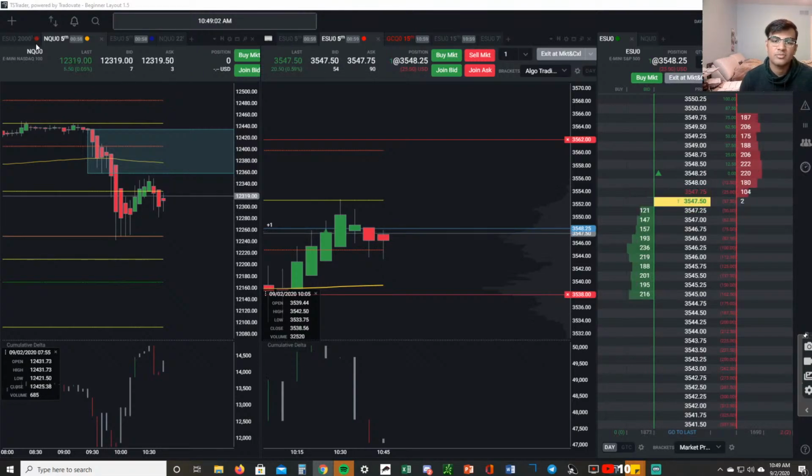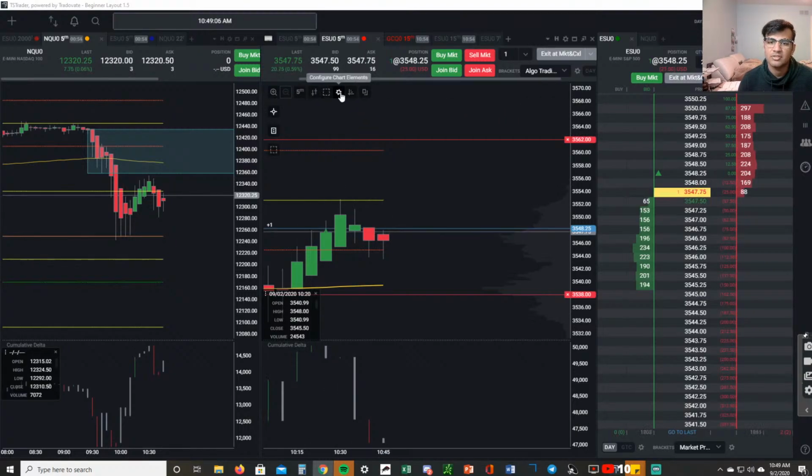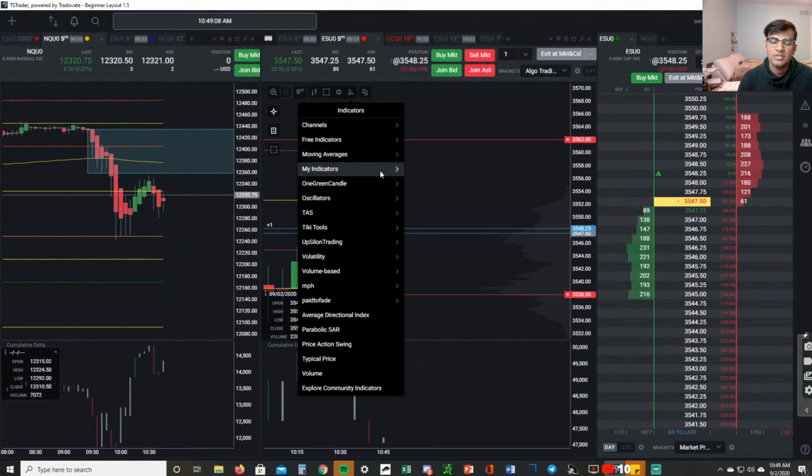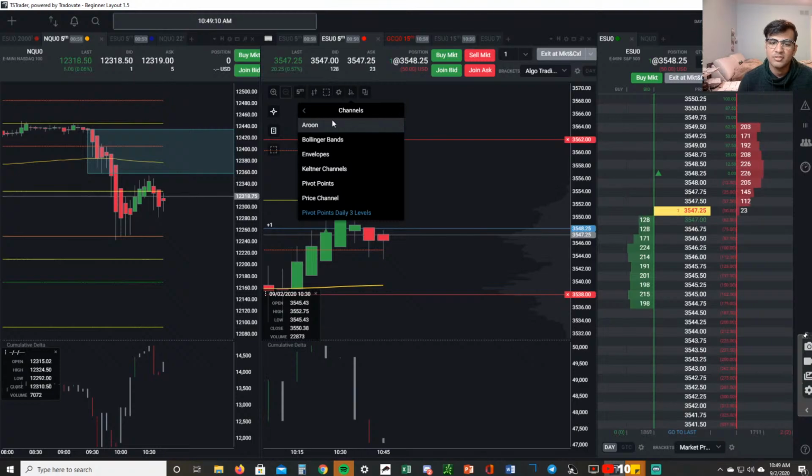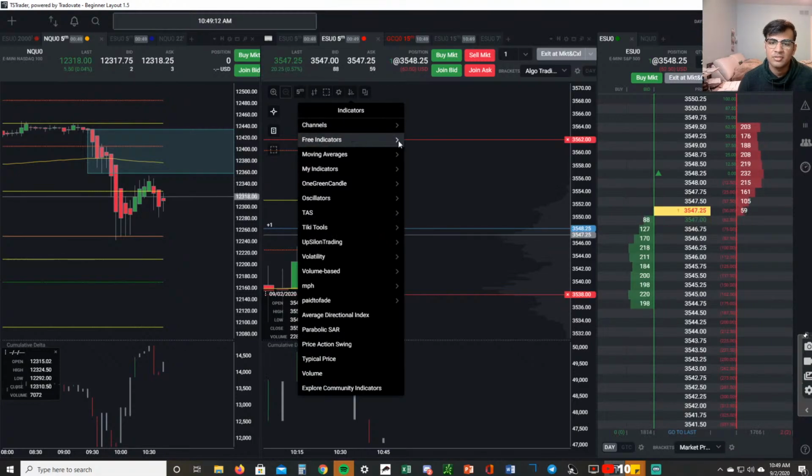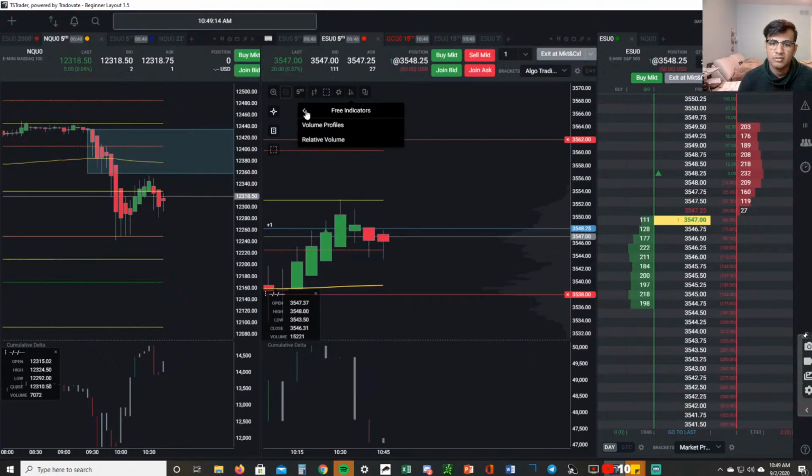I think Tradeovate has the ADX as well. Let me check. Indicators. Forgot which one it would be under. The indicators.